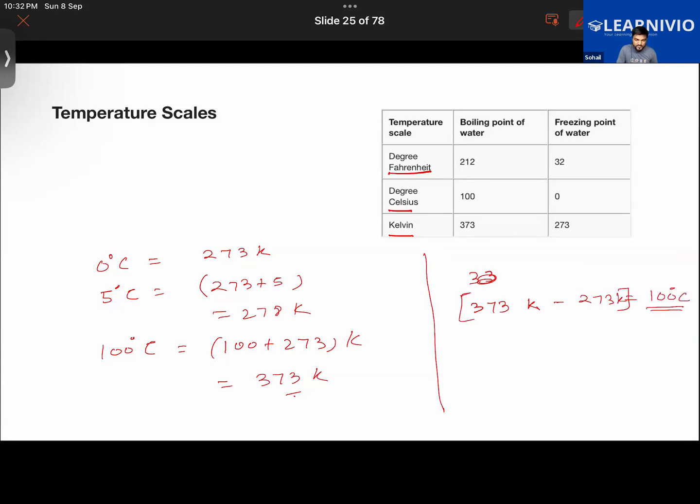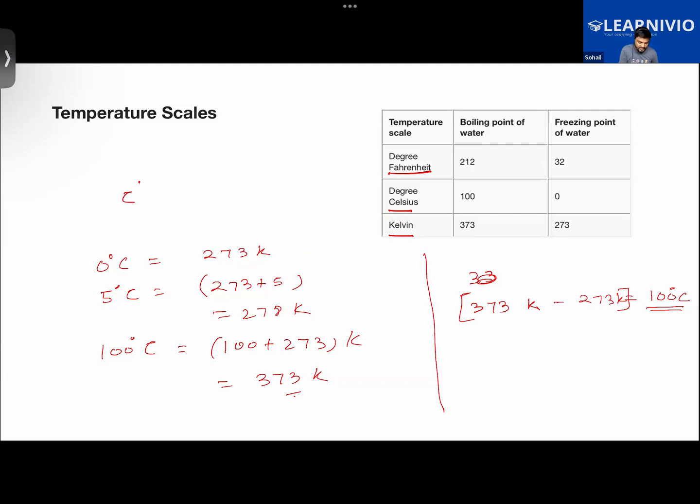So you can convert from Celsius to Kelvin by adding 273 to whatever temperature is in Celsius. But if I were to do the opposite, converting from Kelvin to Celsius, I will be subtracting 273 from that number. Is that clear?